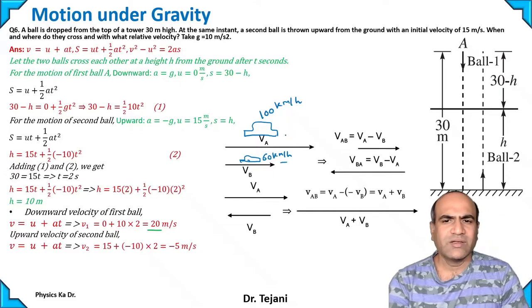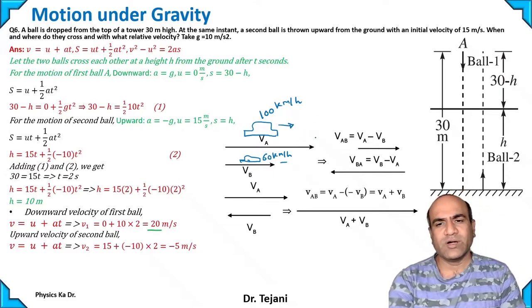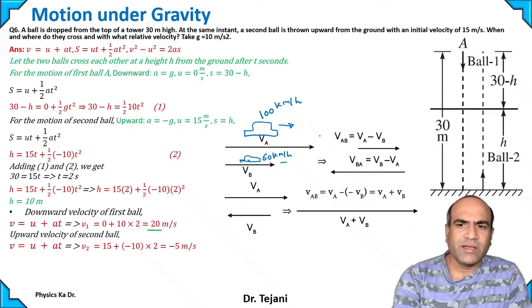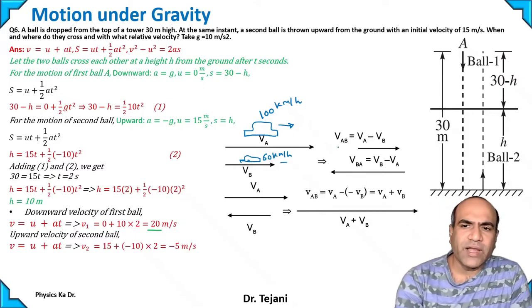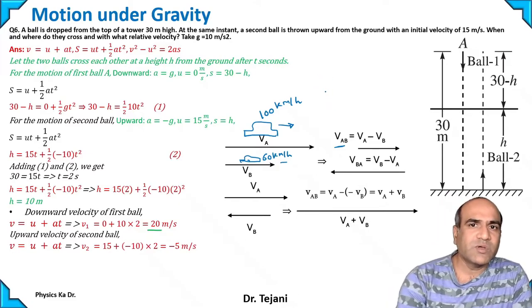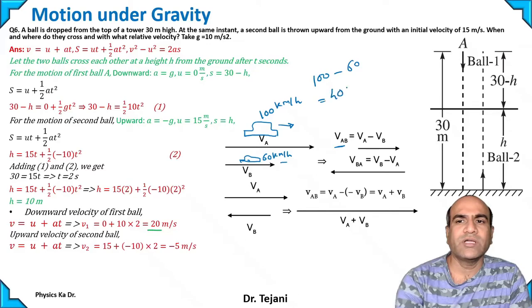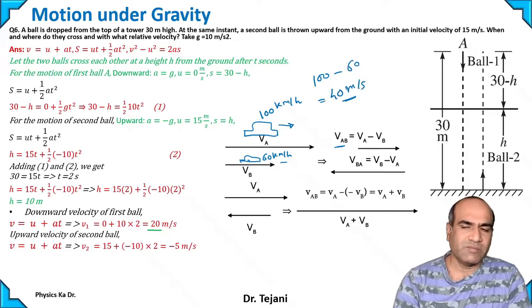Your speed is higher, so you can overtake this car. If you wanted to find your relative velocity, at what speed will you cross in relative terms? It becomes 100 minus 60, that is 40, the relative velocity between these two.